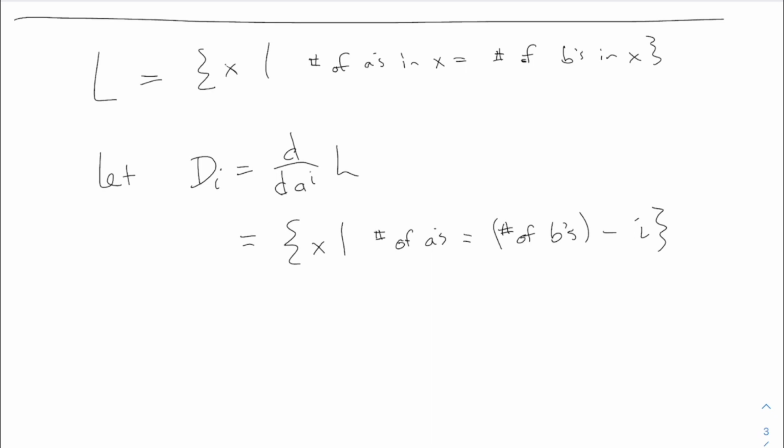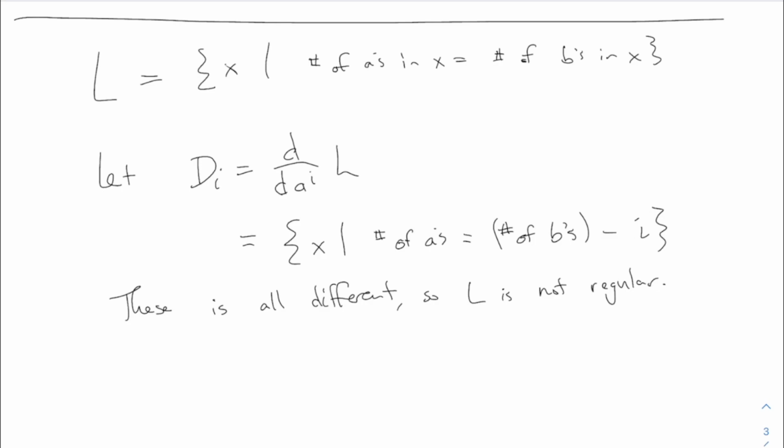When i equals 2, there's 2 less A's than B's. That's different. Okay, so these are all different, and so L is not regular. All right. This is a little weird.